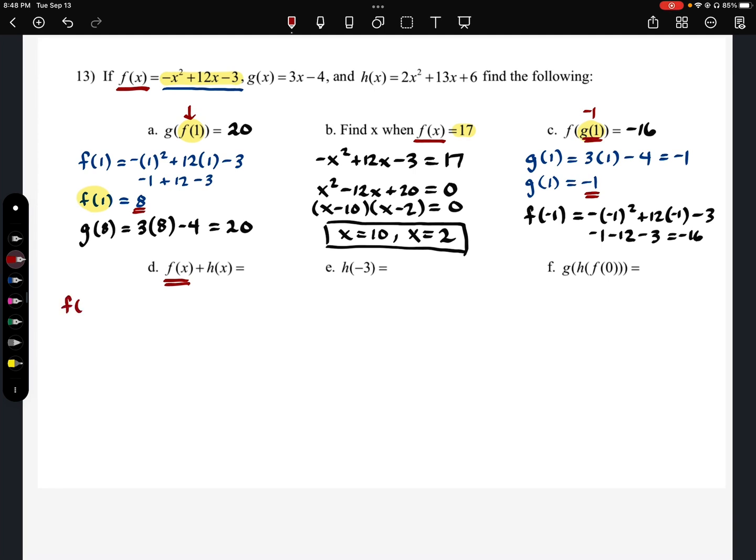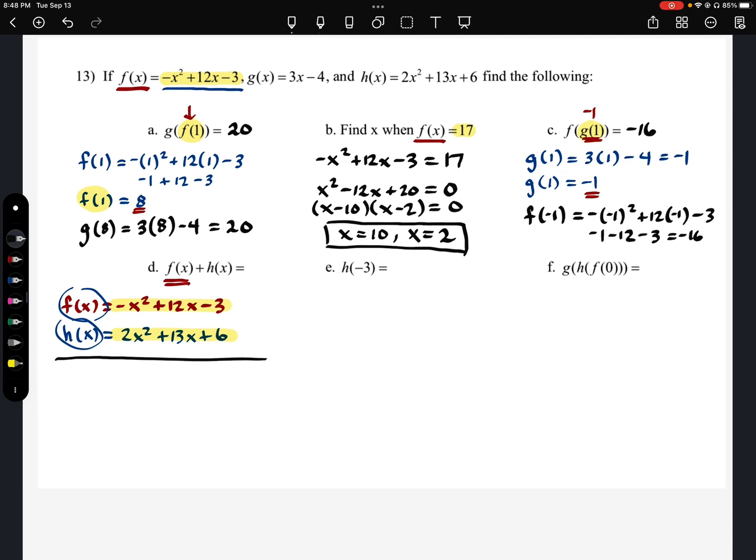Since we know that f of x really equals negative x squared plus 12x minus 3, and h of x is really equal to 2x squared plus 13x plus 6, right? So instead of adding this plus this, we are going to end up adding this plus this.